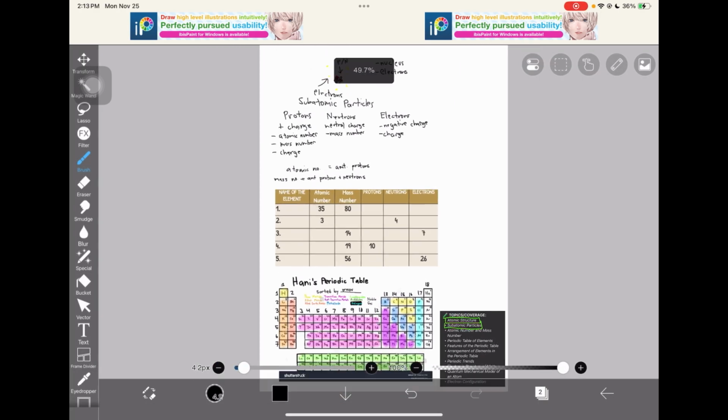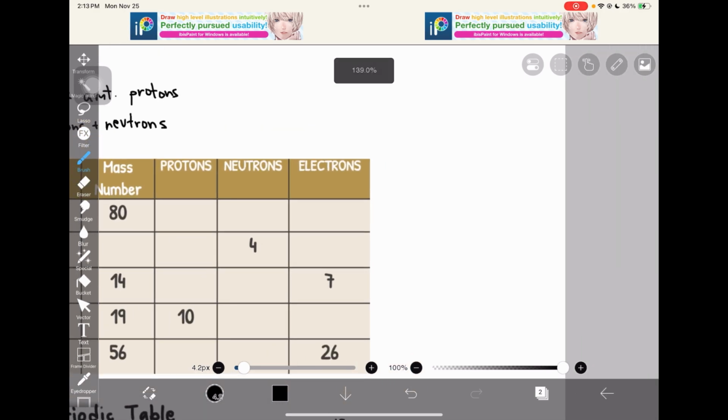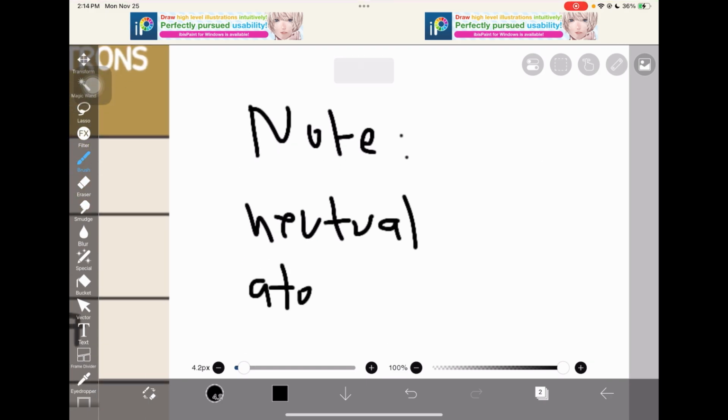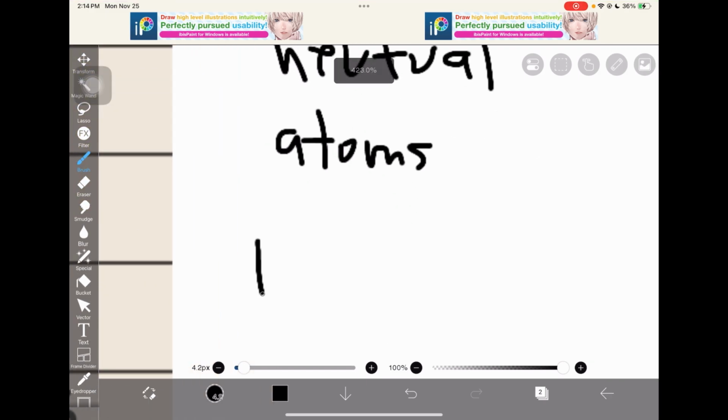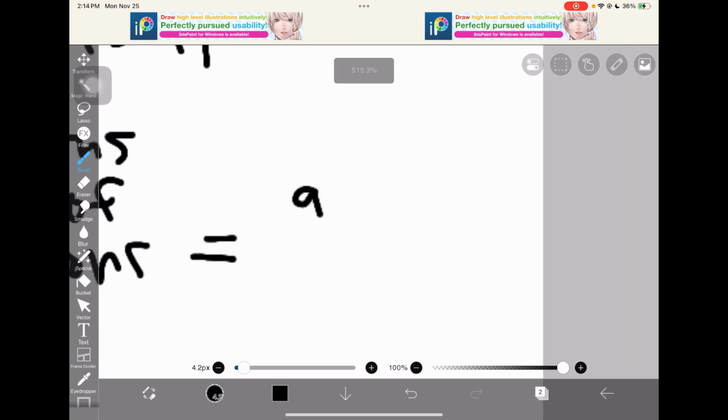Okay, I have some examples here. Just a side note, all of these are neutral atoms, which means the amount of protons is equal to the amount of electrons.